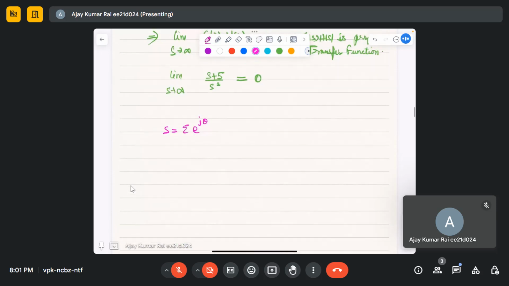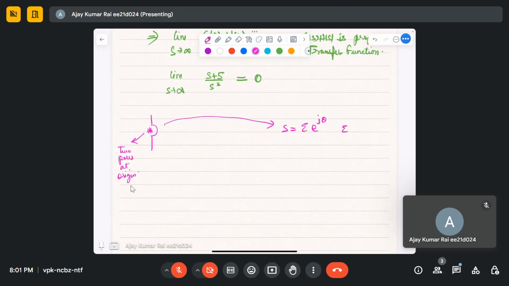Let me show you the zoomed version of that. It is like this. So we have two poles at the origin.